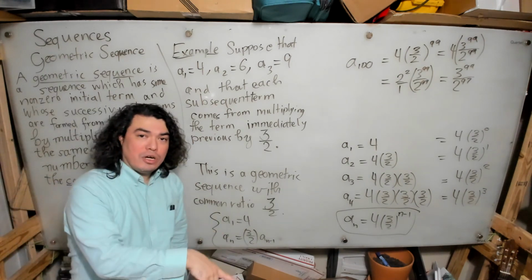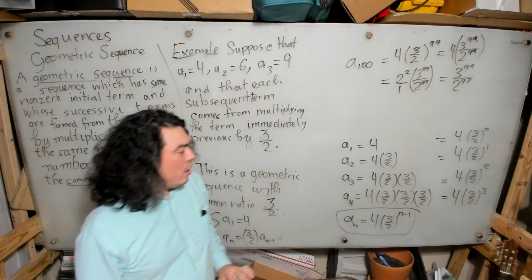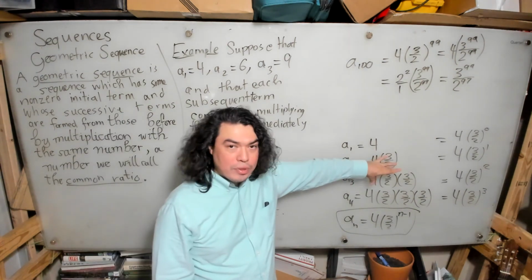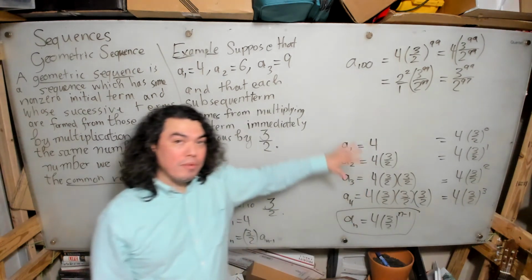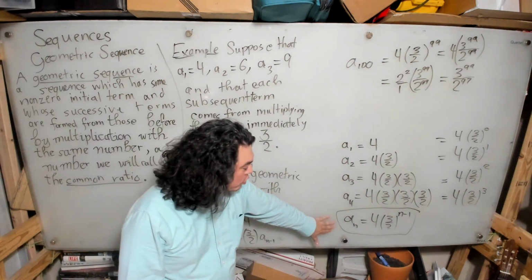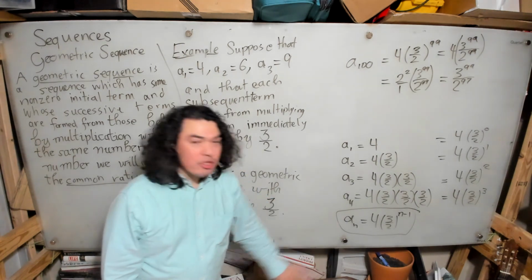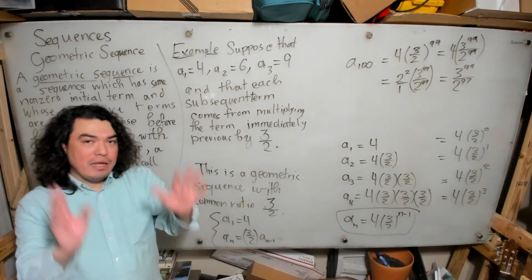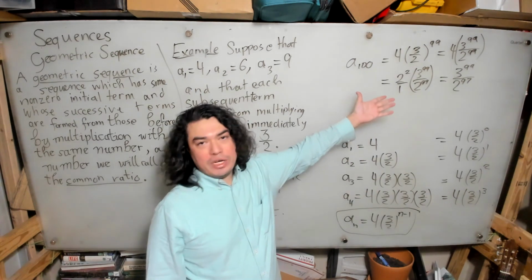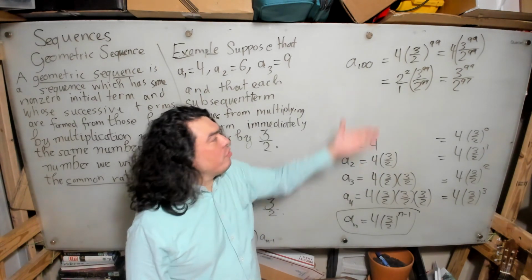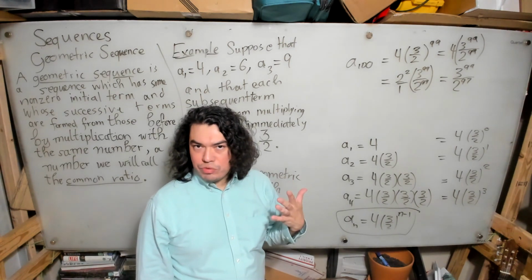We then observed that by looking at the pattern in a different way, by not carrying out the calculations and seeing what the calculations began to look like, they formed a pattern that allowed us to deduce an explicit formula for the nth term of the sequence. And then finally we saw that we could use that explicit formula to calculate, in our case, the 100th term of the geometric sequence of interest to us right now.